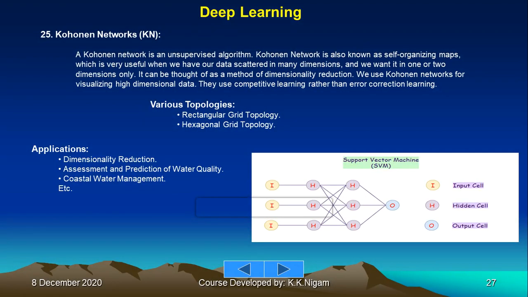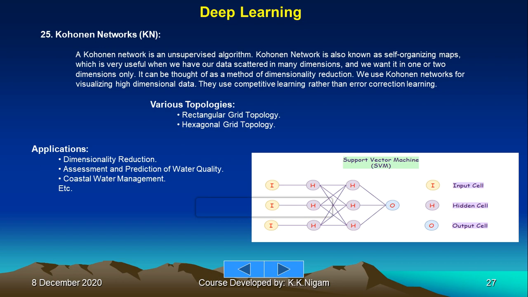Now, Kohonen networks, KN. A Kohonen network is an unsupervised algorithm. A Kohonen network is also known as self-organizing maps, which is very useful when we have our data scattered in many dimensions and we want it in one or two dimensions only. It can be thought of as a method of dimensionality reduction.